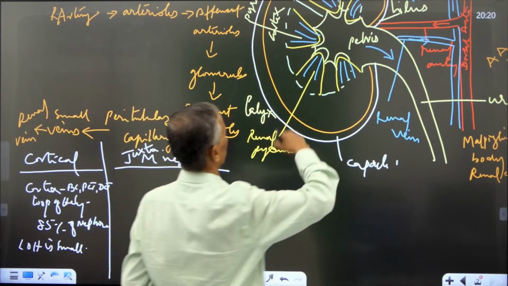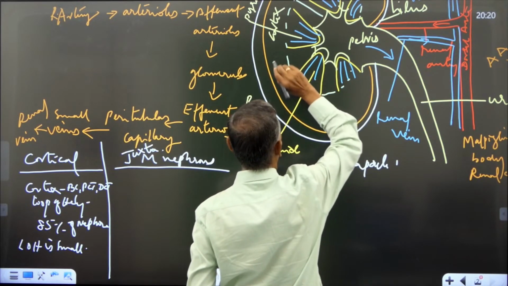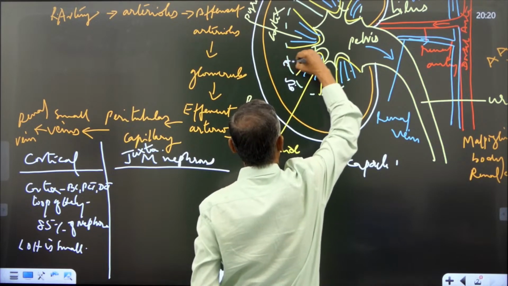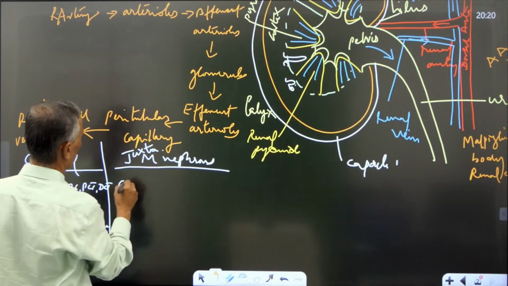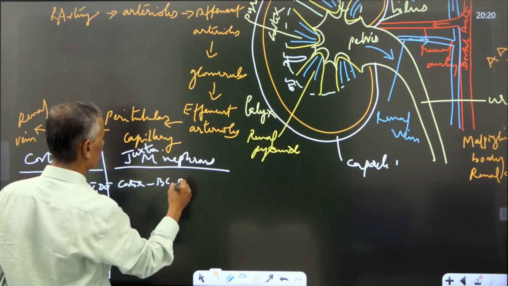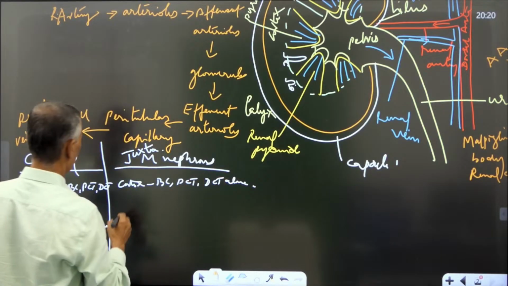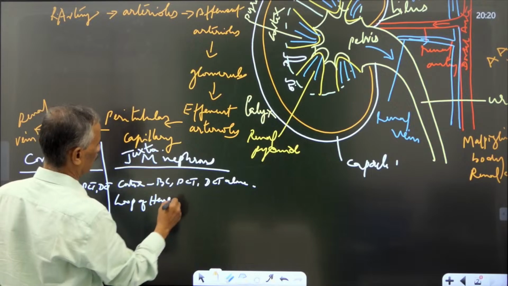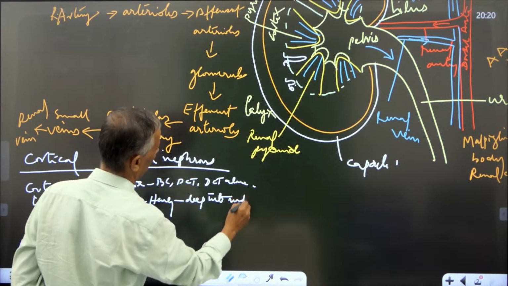For example, the cortical nephrons are lying here, all their parts are in the cortex, whereas in juxtamedullary nephrons we have only the Bowman's capsule, PCT and DCT in the cortex, whereas the loop of Henle is deep into the medulla.